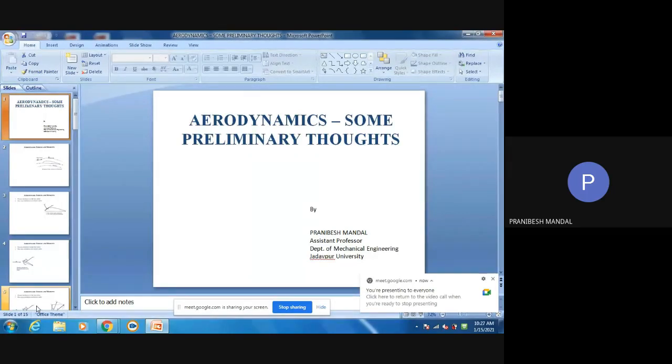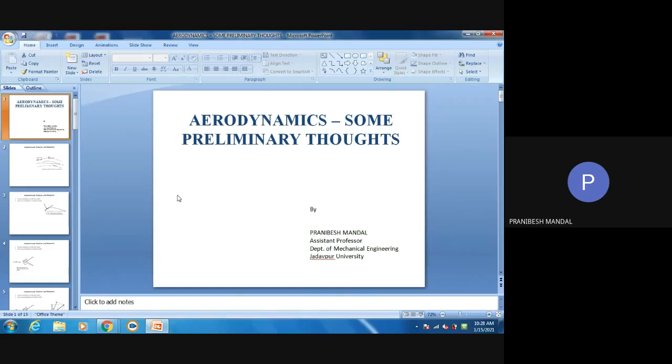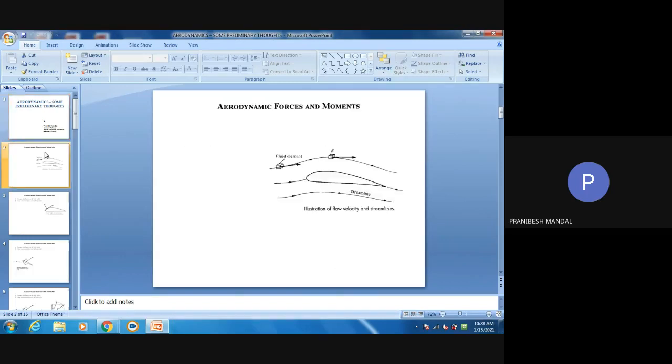You see, there are some typical observations and typical assumptions of aerodynamics. Be sure to have all these things in your mind for the next course of action.